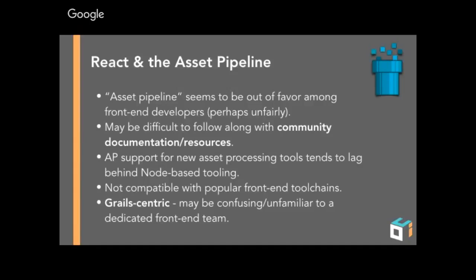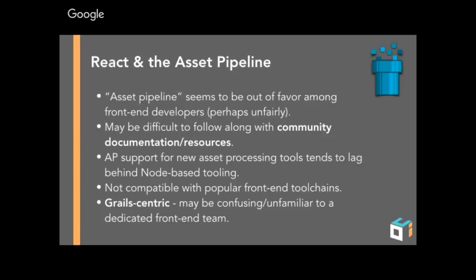And it's very Grails-centric, which is both a good thing and a bad thing, depending on the makeup of your team. If you have a separate front-end team that specializes in Node or that sort of development environment, the asset pipeline is likely not going to be very popular there. But if you are a Grails team and you want to use React or Angular or these other front-end frameworks, and Grails and the asset pipeline are what you're accustomed to and what you want to use, then this is a great option.